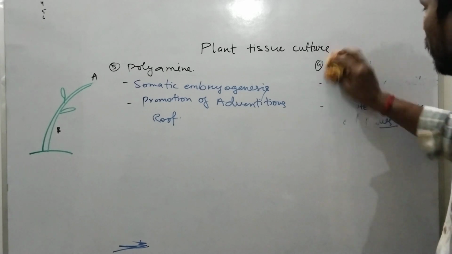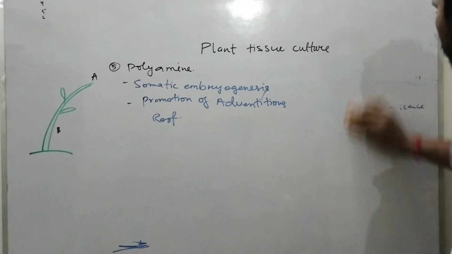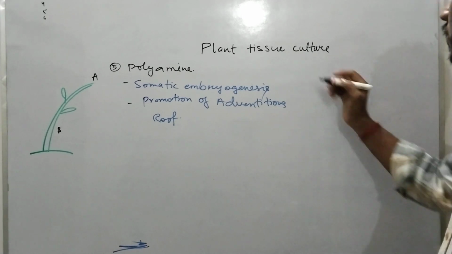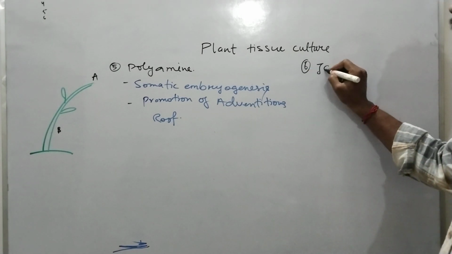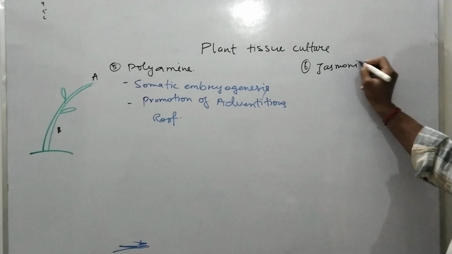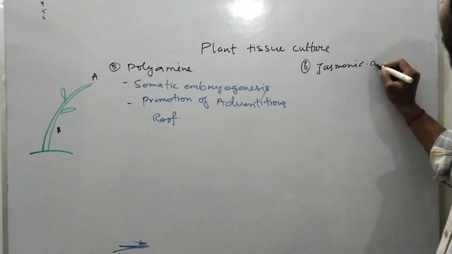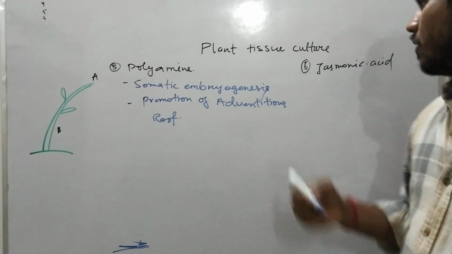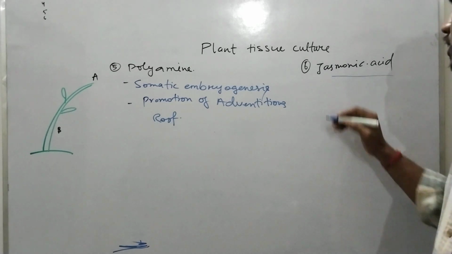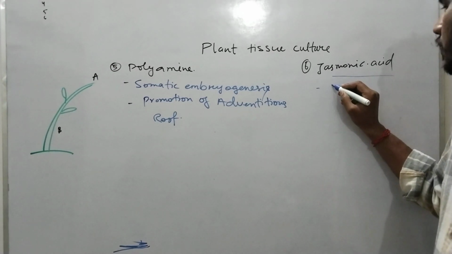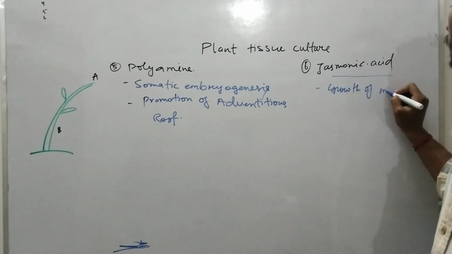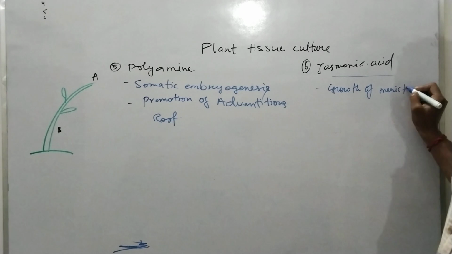Now you can see jasmonic acid, the next hormone. Jasmonic acid will help in the growth of meristems.